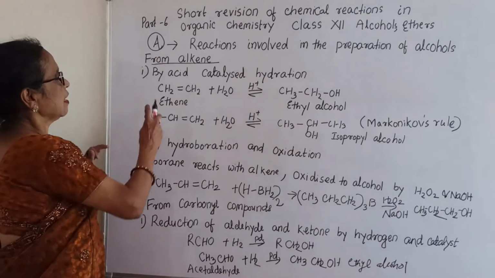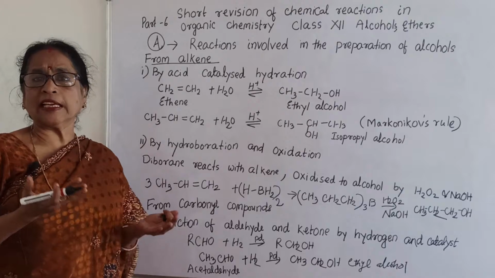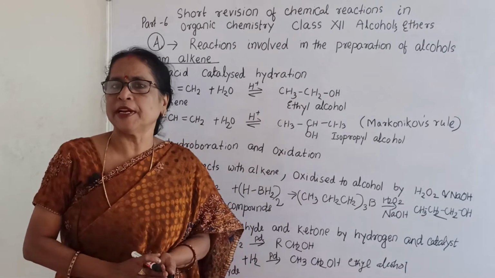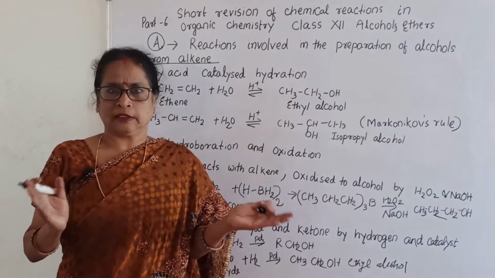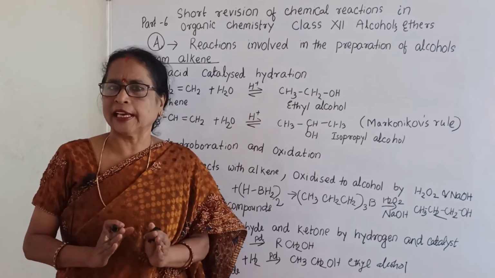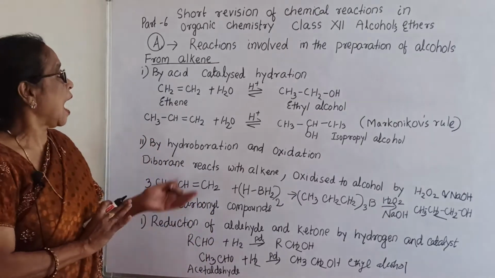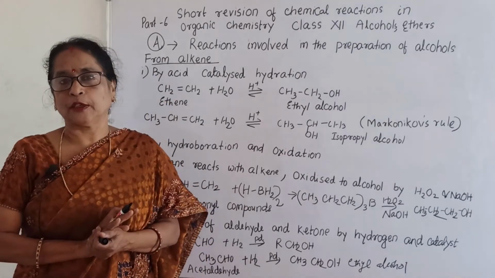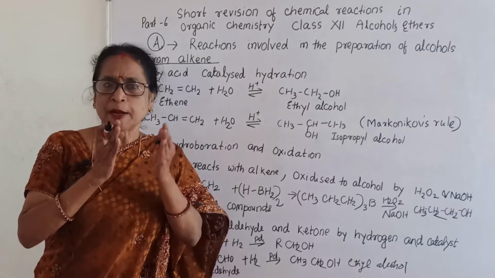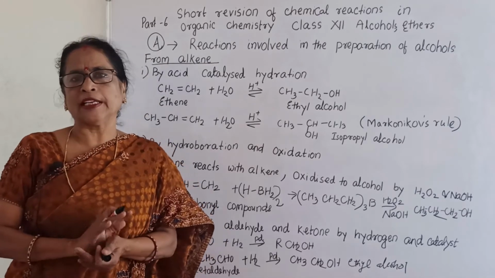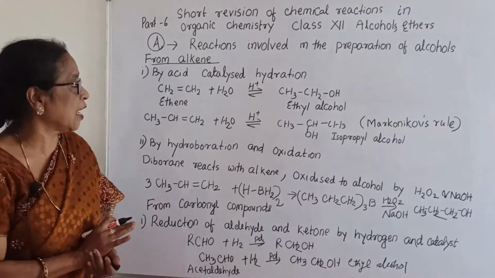See here, from alkene. You know alkene contains a double bond. Alkenes are of two types. One is symmetrical, where the two sides of the alkene have the same number of carbon atoms and hydrogen atoms. Unsymmetrical means that between the double bond, both sides are not equal in carbon and hydrogen.